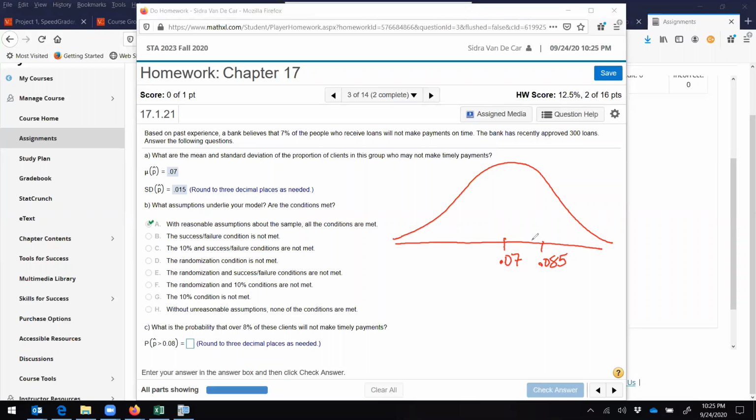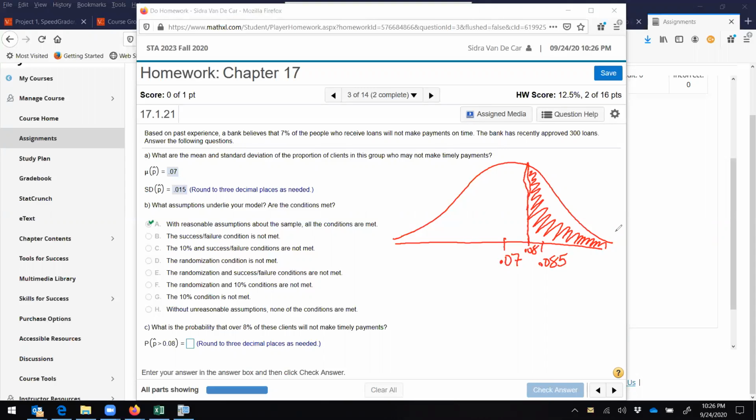So 0.08 would be right about there. 8% of these clients will not make timely payments would be everything over here. So I want that area under the curve.